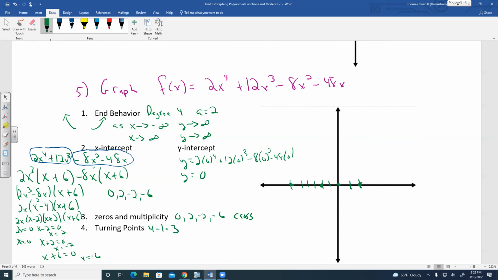Now my end behavior, notice how it finishes up on both of those. So it's got to start on the high left over here. It's got to cross through this x-intercept. It's got to turn to pass through this x-intercept. It's got to go up and turn again to pass through this x-intercept. That's got to turn again to pass through that x-intercept. So it kind of takes on that look. That's a rough sketch of the polynomial function.